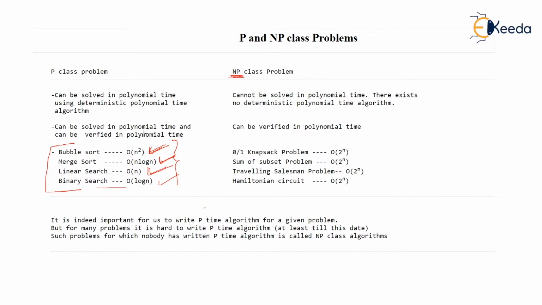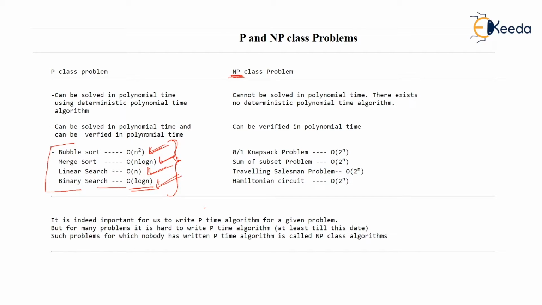Now, P class problems are very good for us actually because any of such problems can be solved. If they can be solved in polynomial time, then we say that the solution exists for these problems. I mean, if you run any of these problems on a modern computer, then these problems will give the answer in less time. What is that time? I am not defining.